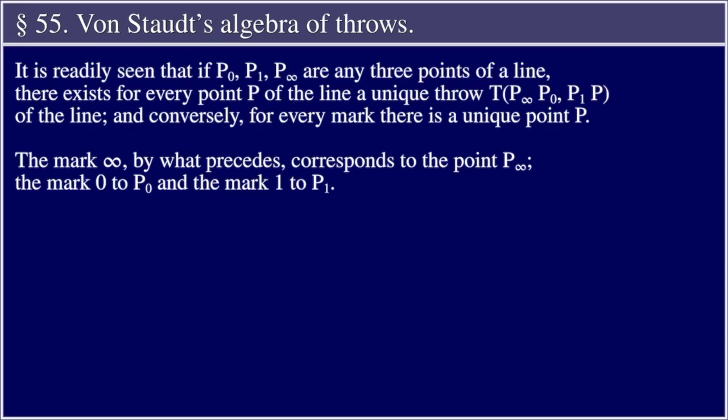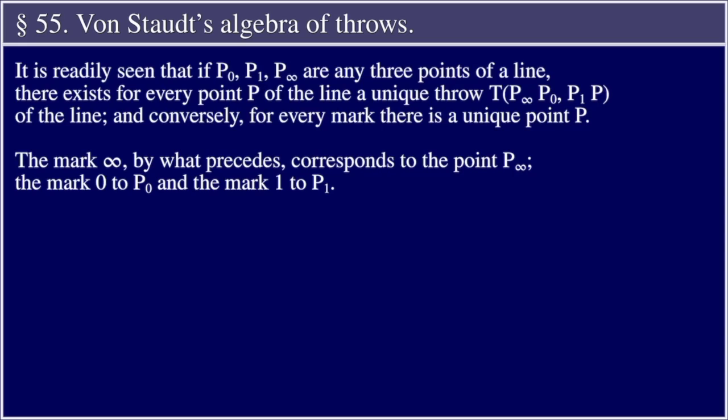It is readily seen that if P0, P1, P-infinity are any three points of a line, there exists for every point P of the line a unique throw T(P-infinity P0, P1 P) of the line. And conversely, for every mark, there is a unique point P. The mark infinity, by what precedes, corresponds to the point P-infinity, the mark 0 to P0, and the mark 1 to P1.